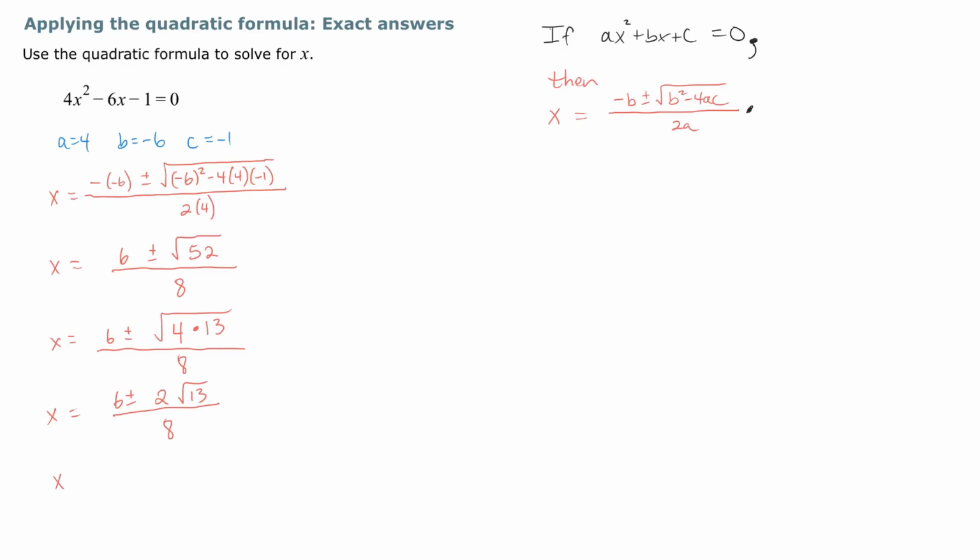And from here, we factor out a 2, and then let's see what's left. We have a 3 plus or minus the square root of 13, and put that over 8. Reduce the factors of 2, and we finally get x is equal to 3 plus or minus root 13 over 4.